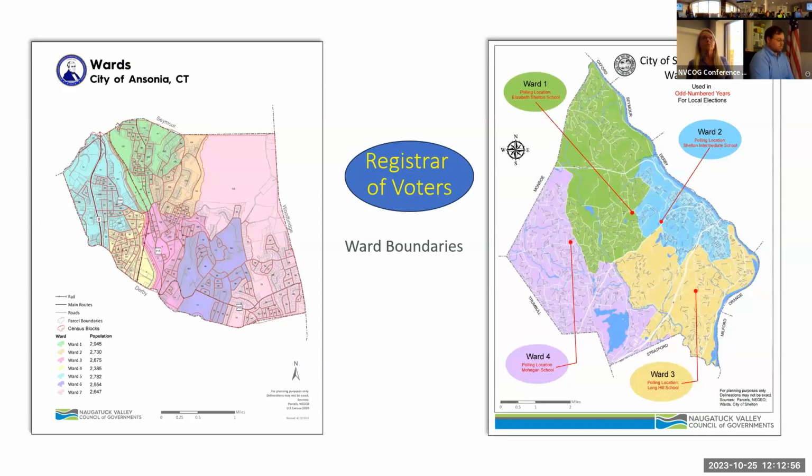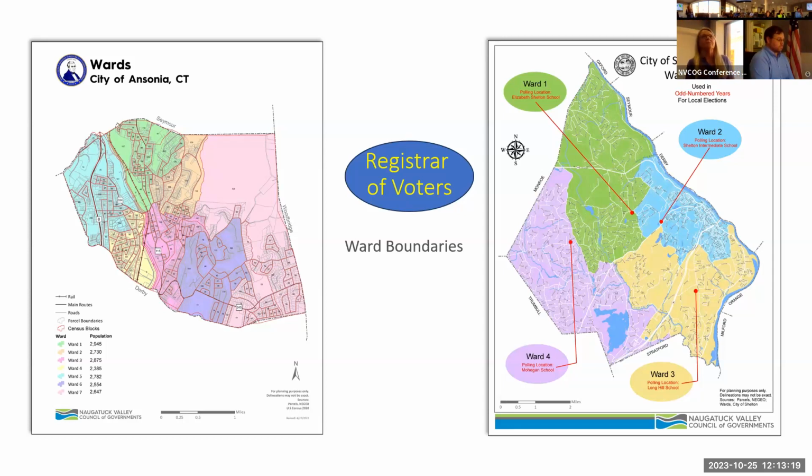Register of voters, we helped Ansonia by mapping the blocks with the population in each one. They were able to use that map to redistrict, because you have to keep relatively the same population in each ward, so they could see, if we move it this way, we'll get that many people this way.